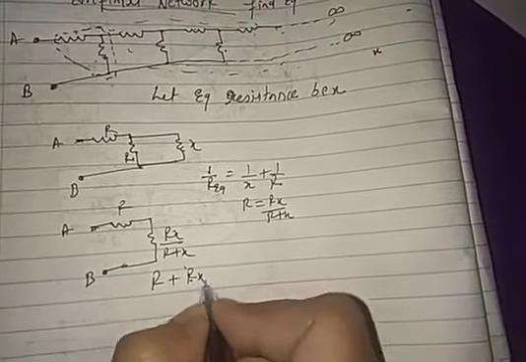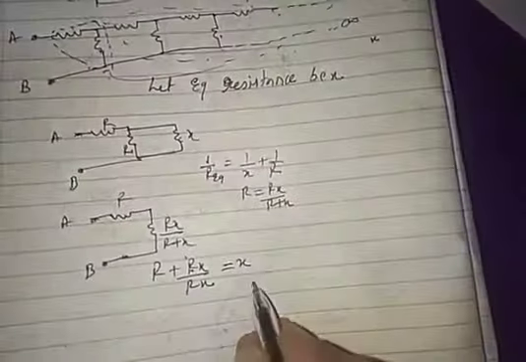So we add them: R plus RX upon R plus X, which is equal to the whole X we have taken.